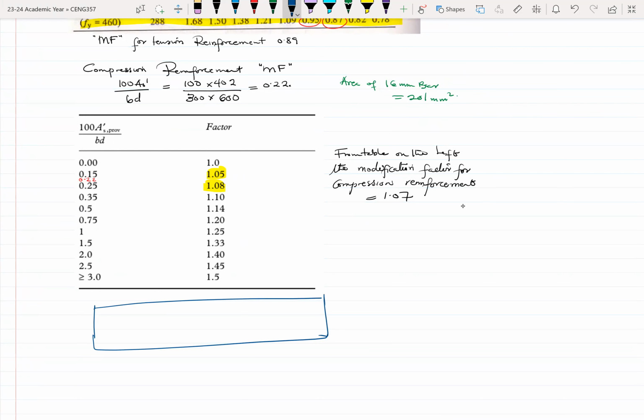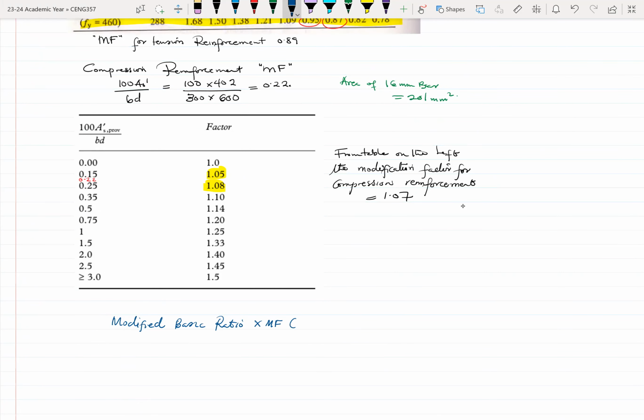It is a modified basic ratio times the modification factor for tension and then times the modification factor for compression.